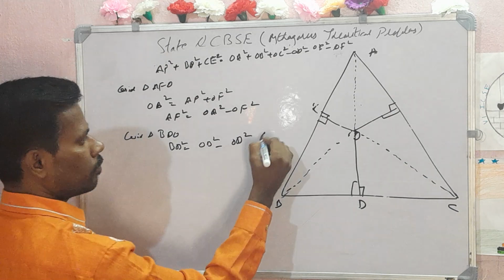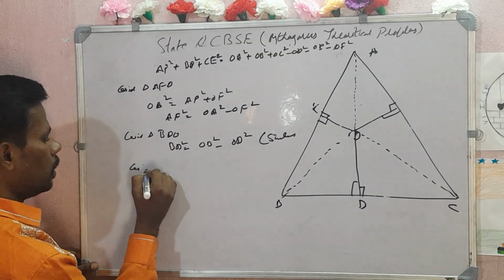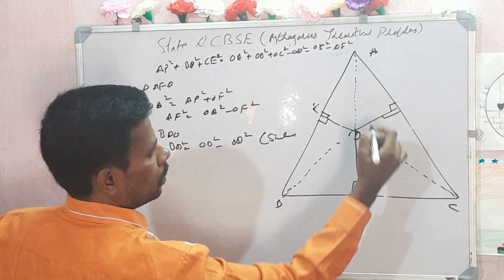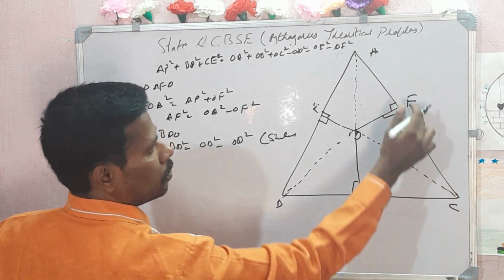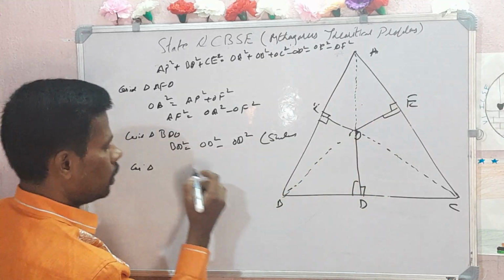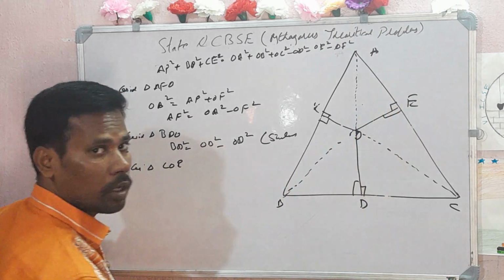Similarly we can write. Next, CE square, here it is CE square. Consider triangle COE, right? So how will you get it?